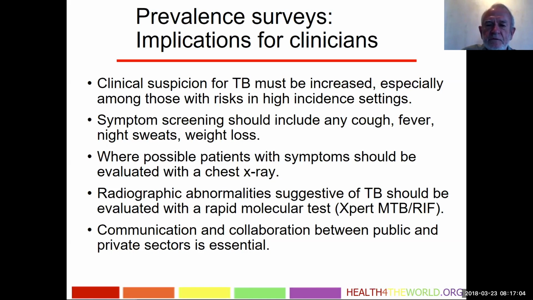And finally, communication and collaboration between the public and private sectors is essential. As you saw in the pathways analysis, there were about equal percentages of patients seeking care in the public and private sectors. And so the private sector must be viewed as an important part of a country's healthcare system.